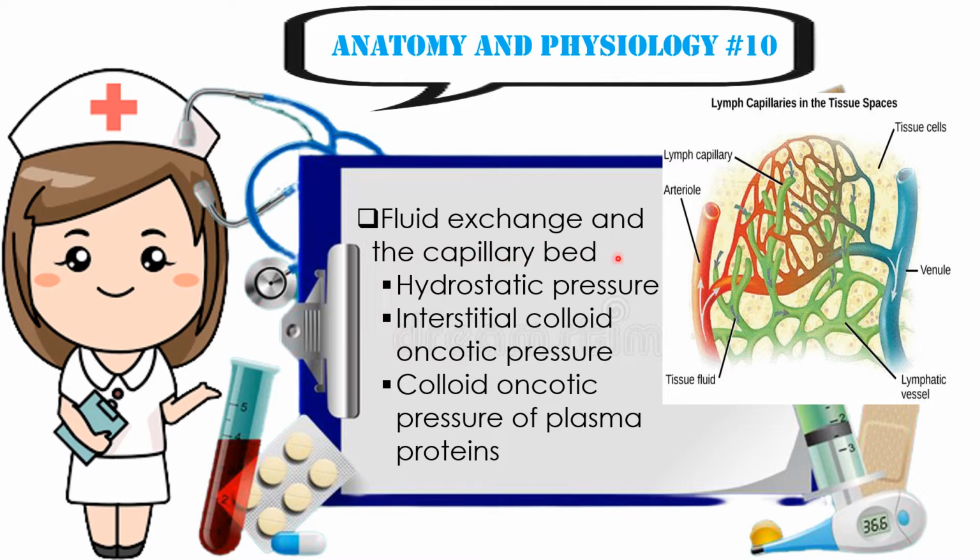So the fluid exchange and capillary bed are influenced by the following pressure: the hydrostatic pressure, the interstitial colloid oncotic pressure, and the colloid oncotic pressure of the plasma protein.